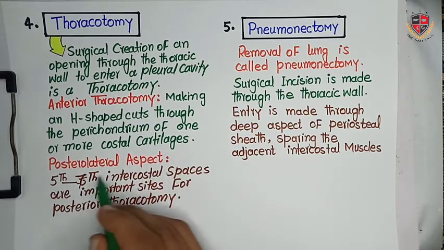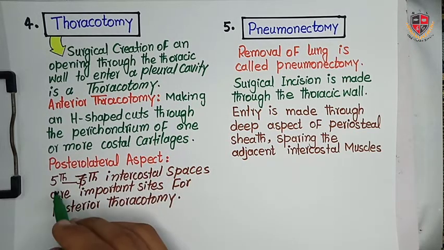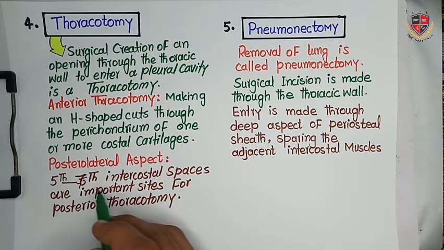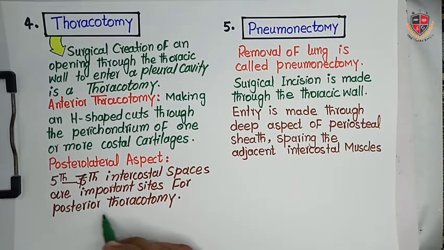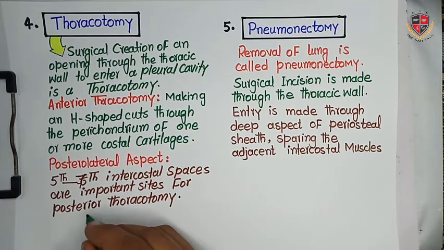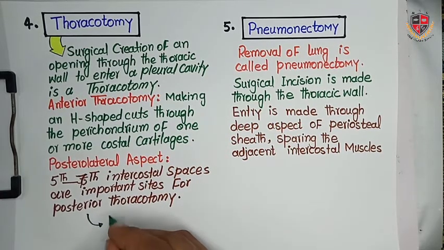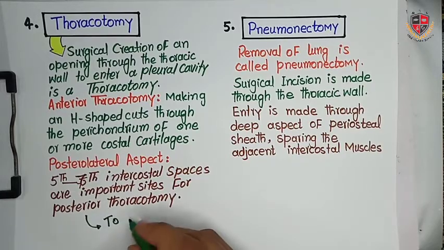Posterolateral aspect: the intercostal spaces between the 5th and 7th spaces are important sites for posterior thoracotomy to approach the thoracic cavity.